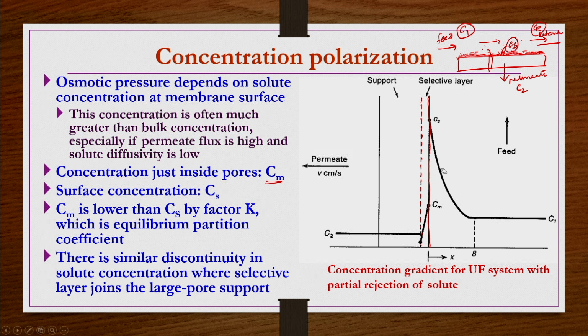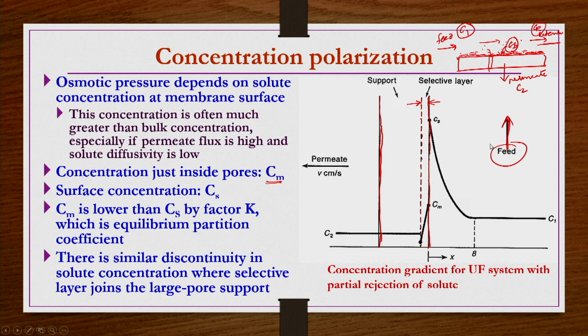Now this is the selective layer thickness, L. We do not know what it is and do not want to know as of now. The support thickness is much higher than the membrane thickness in general. So this is the support, and on this support there is a selective membrane layer.